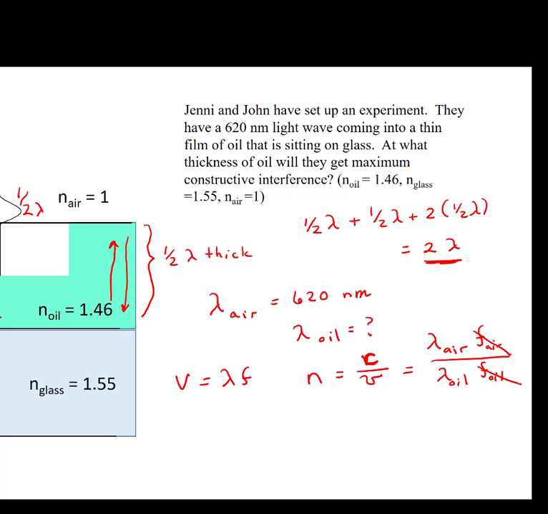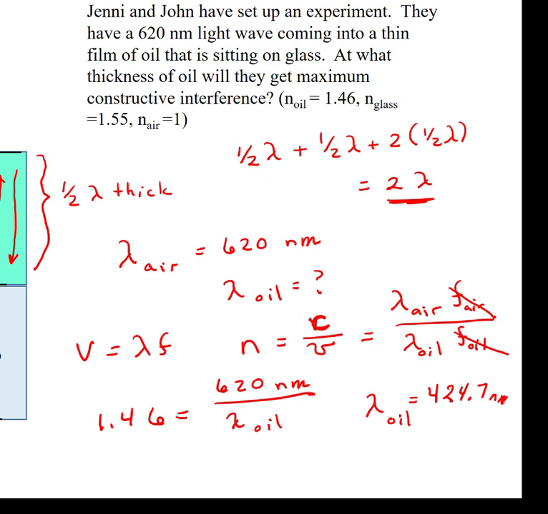Now we can plug some numbers in. We get 1.46, a dimensionless quantity, is equal to 620 nanometers over the wavelength in oil. Or the wavelength in oil is equal to 424.7 nanometers. That's great, but what was the original question? The original question is, what thickness of the oil do we need?